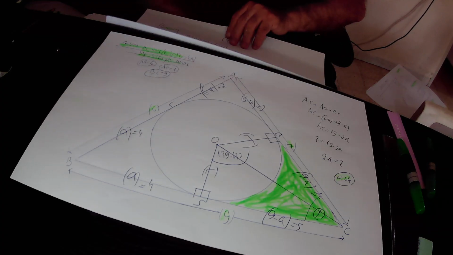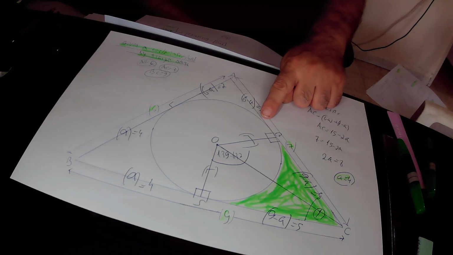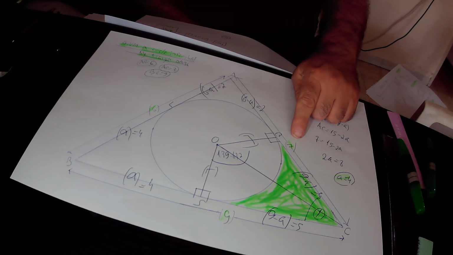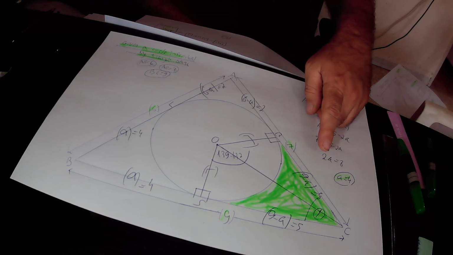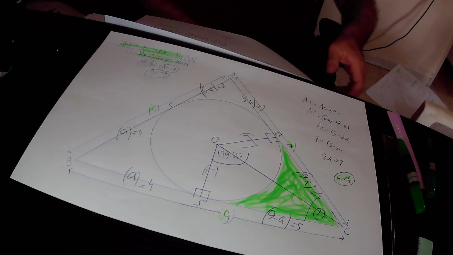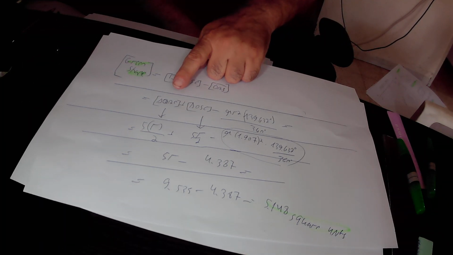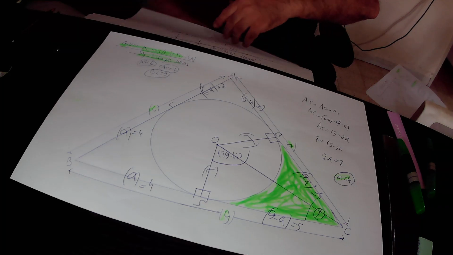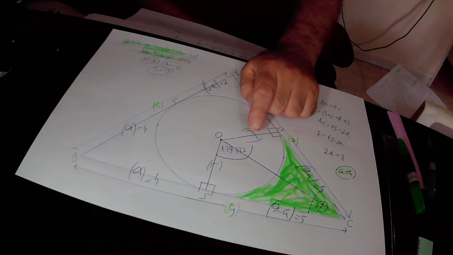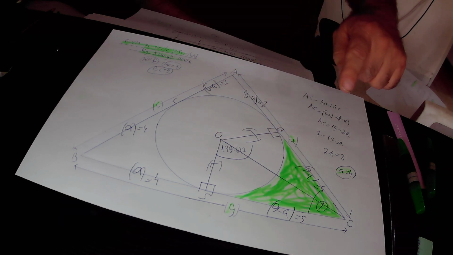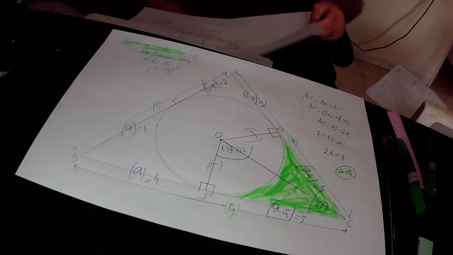What is the area of this triangle OQC? The area of OQC equals the base OQ times the height QC over 2. The base OQ is R and QC is 5, so it is 5 times R over 2. The area of the right triangle OSC equals the base OS, that is R, times the height SC, that is 5, divided by 2.